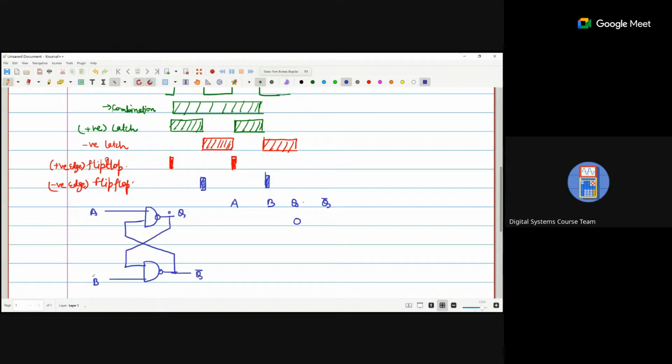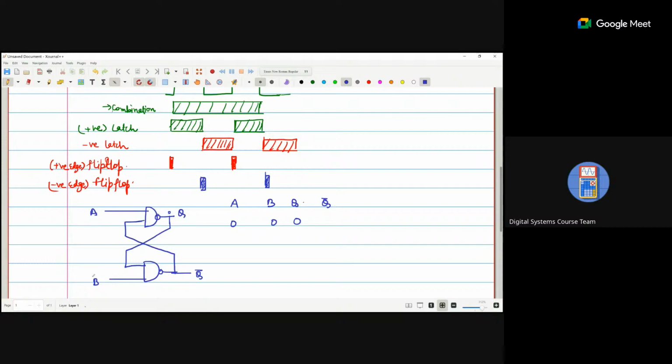A and B are 0, 0. What is the property of a NAND gate? If any input is 0, the output is 1.